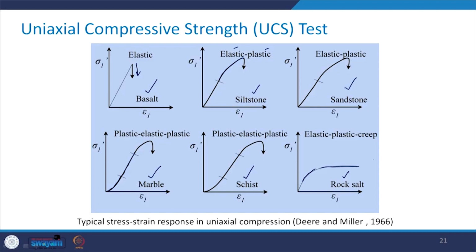Creep, you know, is the deformation under constant stress. If I just extend, you see that from this point it is all constant stress, that is sigma 1, and it is just deforming. So these are some typical stress strain responses under uniaxial compressive condition.